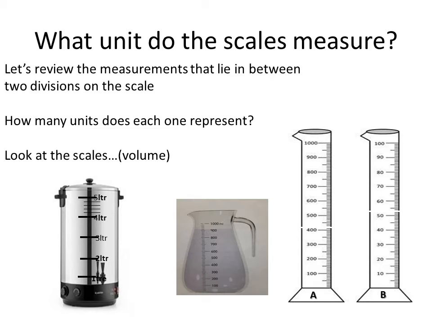The same thing applies for test tube A. This time around we have 100 as the difference, and there are 10 lines in between each division. So we divide 100 by 10, we have 10. It means each one represents 10. We are having an additional 10 units.